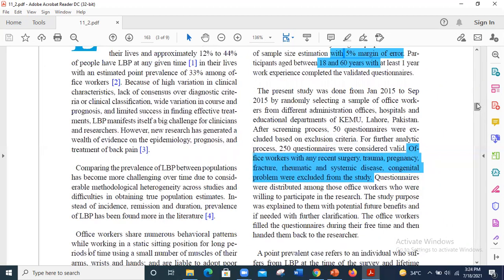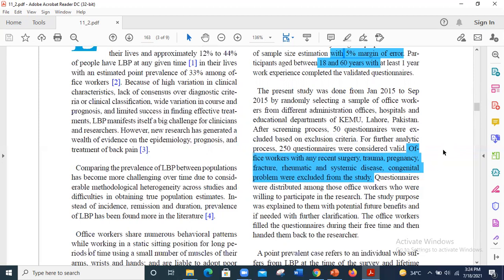Again, the same set of parameters saying that the population having these things will be excluded from my study. Say for example, the exclusion criteria of this study was any one of you people having recent surgery, trauma, pregnancy, multiple problems that they have listed over there.